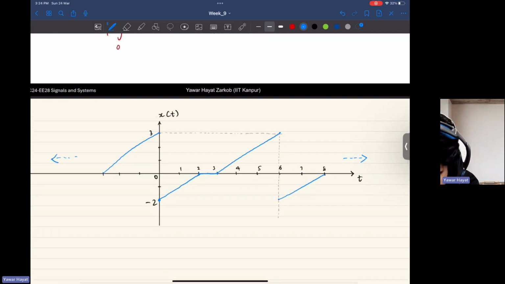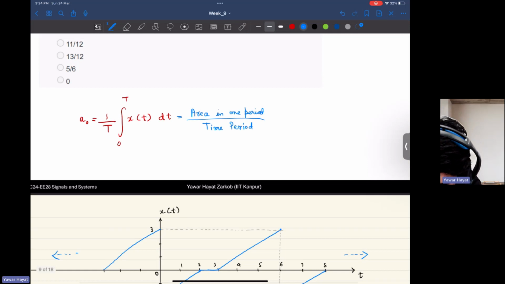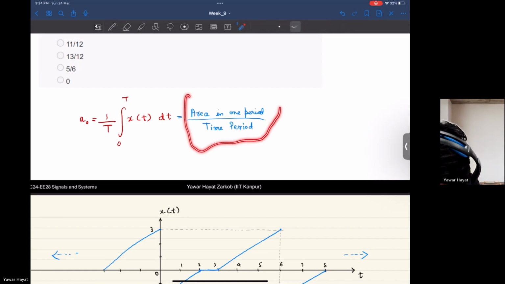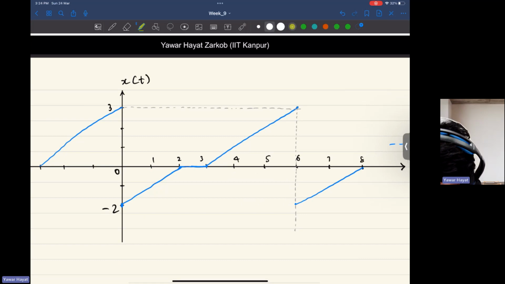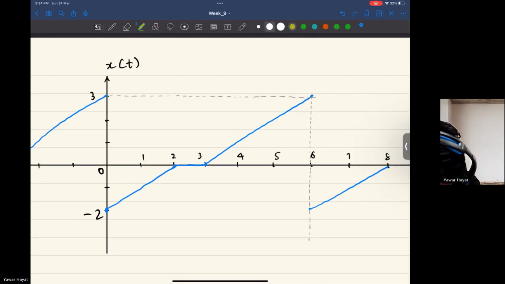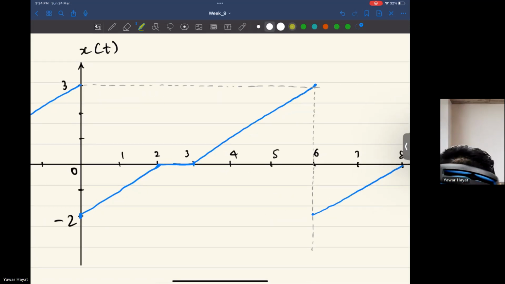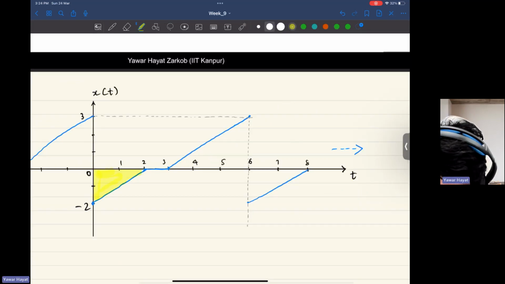Now what about this area in one period? So we'll take this 0 to 6 interval. In this interval, our area would be this area, right?